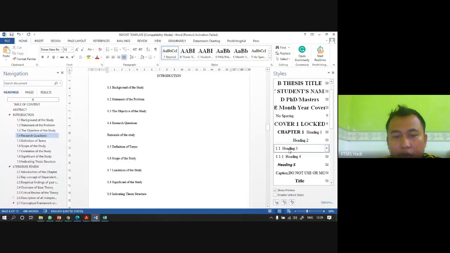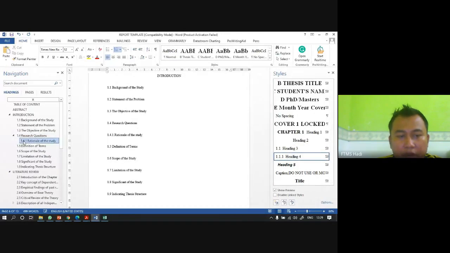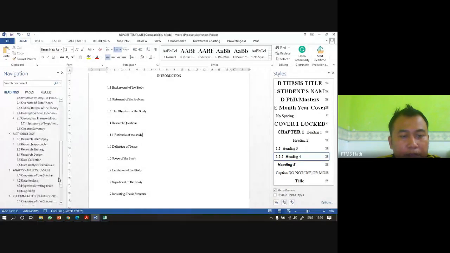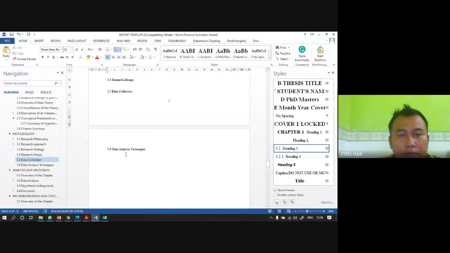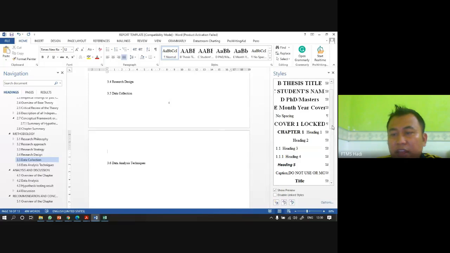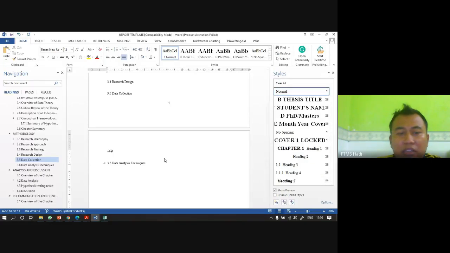You see 1.1, it will go to 1.5 or subtopic 1.4.1. If you feel tired of scrolling, say you want to go to methodology, just go here, click this one, and it will lead towards data collection. Click enter and then click normal. Just type, and that's it.